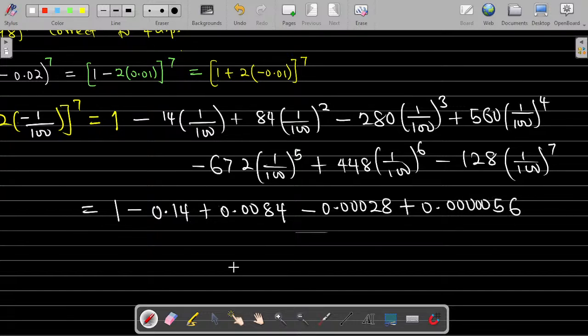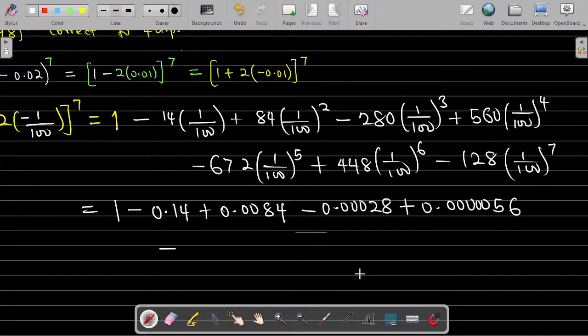Then minus, here we will have to the power of 5 multiplied by 672, which gives us 6.72 times 10 raised to the power of minus 8.